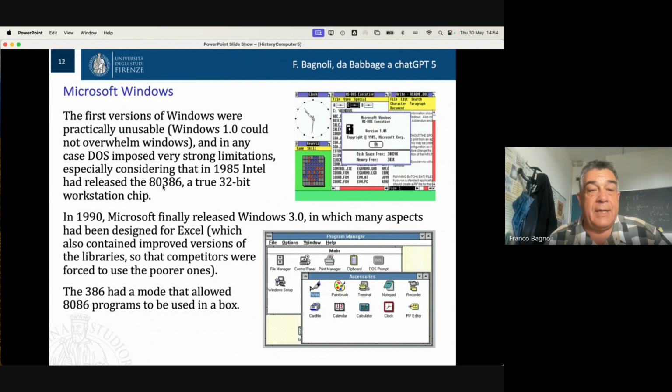With the 8386, this was really a mature processor. For instance, the Linux operating system was developed on this architecture.